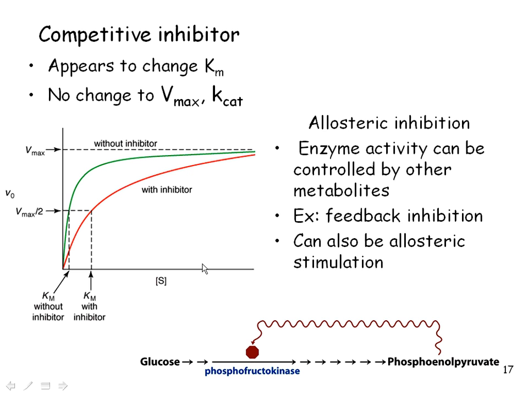If we look at what that looks like in kinetic terms, here we have, I'm sorry about the red-green. I've looked for these graphs without red-green. Sorry about that. Here in the upper line, the green line, you have the enzyme reaction behavior in the absence of the inhibitor. There is a concentration of substrate that gets you to half maximal.